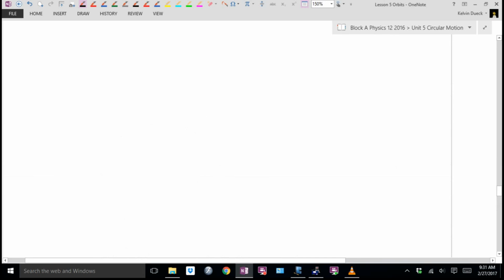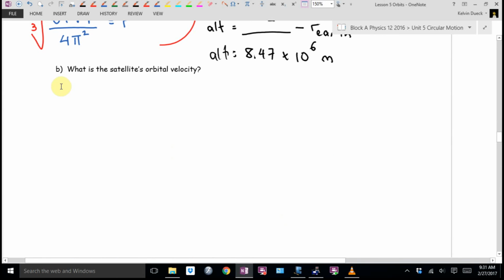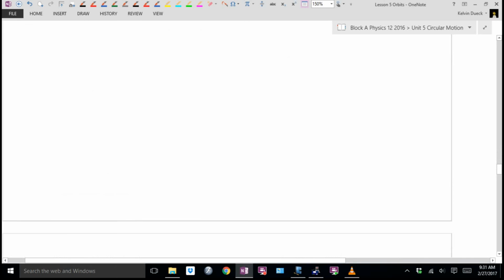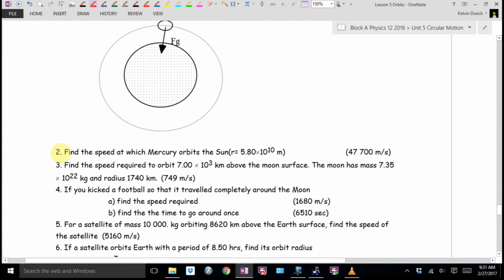Not enough time, huh? So, but questions you can already do right now. You can start number 1. Number 2, find the speed at which Mercury orbits the Sun.